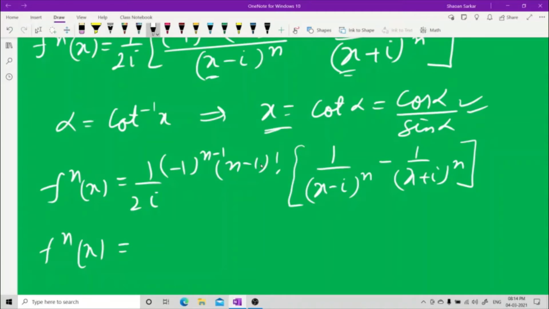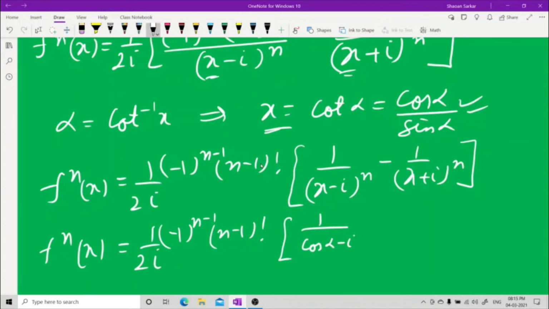This is 1 upon 2i, you have (-1)^(n-1) (n-1)! upon this. This is 1 upon (cos alpha - i sin alpha)^n, the sin alpha will go up, sin^n alpha whole to the power of n.